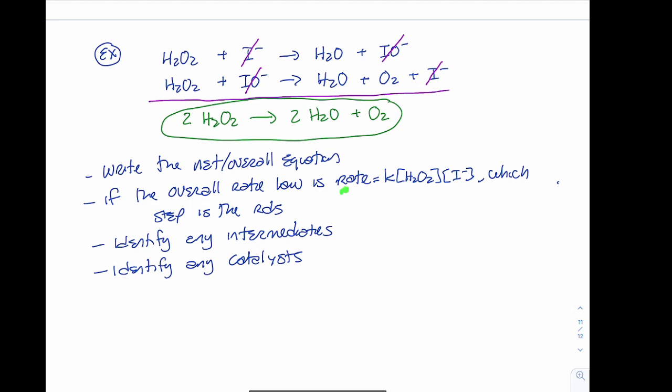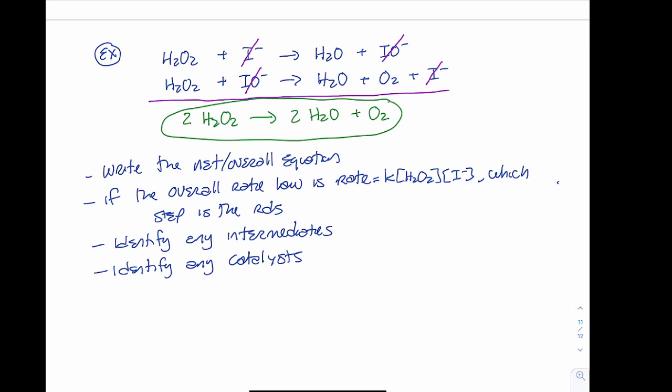Second part, our overall rate law is the rate is equal to K multiplied by the hydrogen peroxide concentration multiplied by the iodide concentration. Knowing that, we want to know which step is rate determining. So remember, we can determine the rate law based on our mechanism if the first step is rate determining.